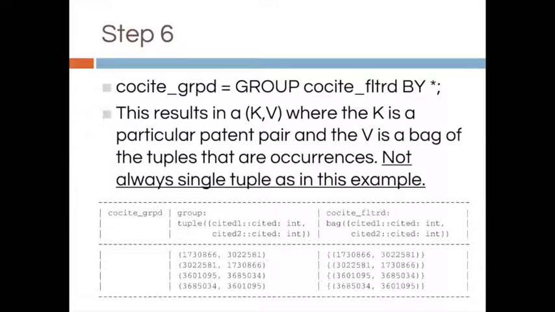Okay? So what this means is that in the group attribute, we have a group of patents that are cited together, and in the cosite filtered attribute on the right, we have every occurrence of that cited pair of patents.